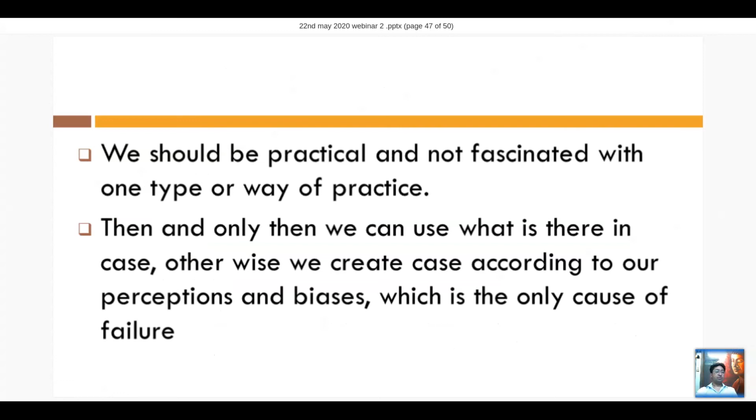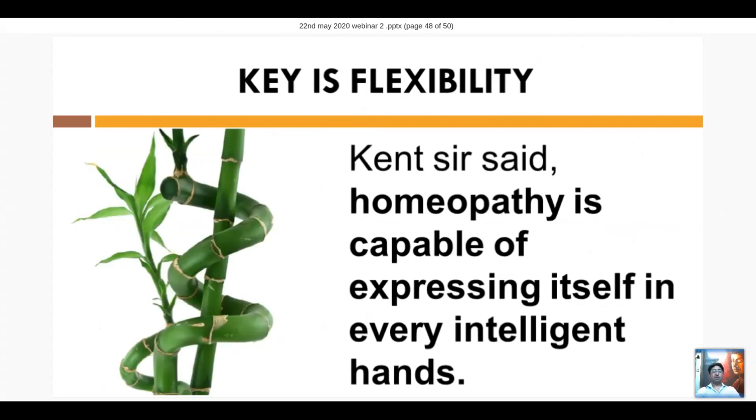We should be practical and not fascinated with one or another type of practice. Then and only then can we use what is there in a case. Otherwise, we create the case according to our own perception and biases, which is the only cause of failure. So, for me, the key is flexibility.